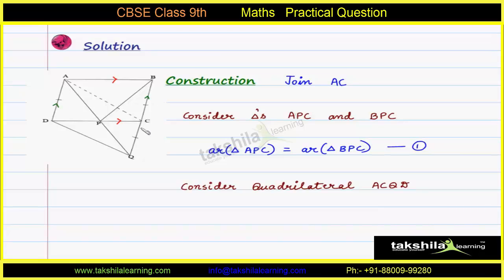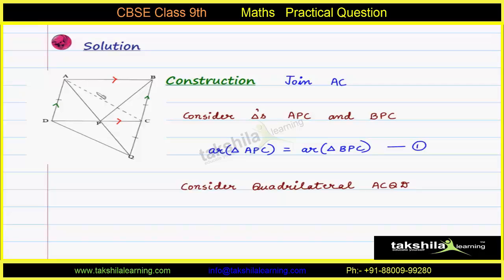This is given in the question. And also, since AD is parallel to BC, as these are opposite sides of the parallelogram, and here we can see that CQ is an extension of BC only. So we can conclude from here that AD is parallel to CQ also.